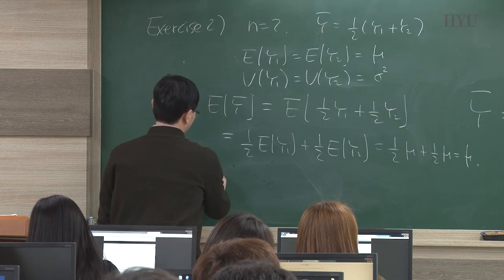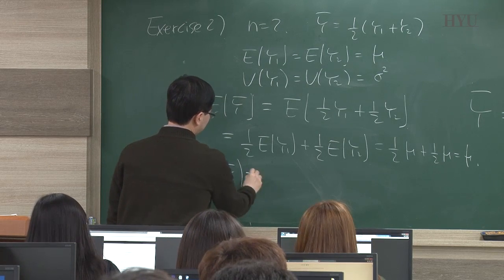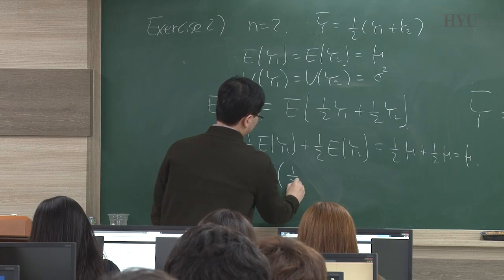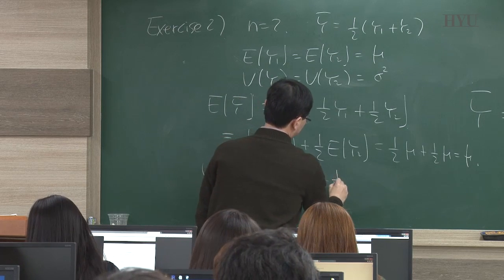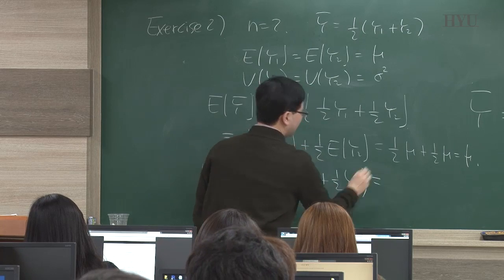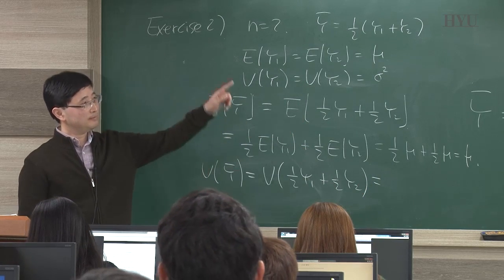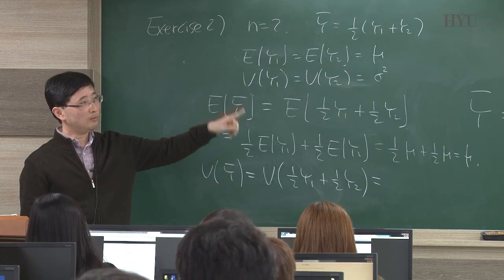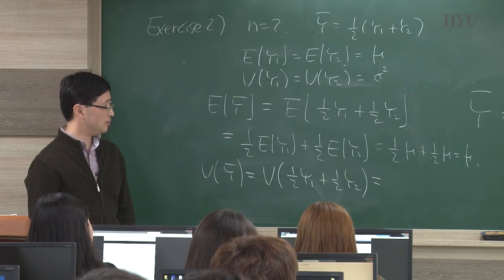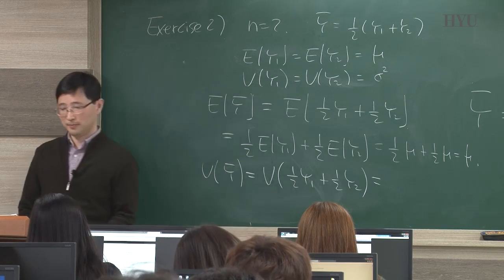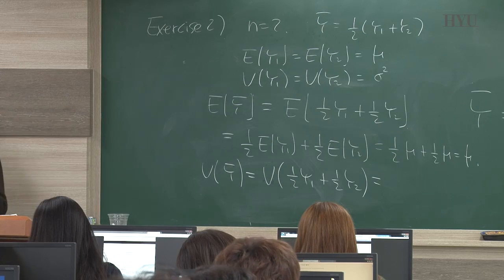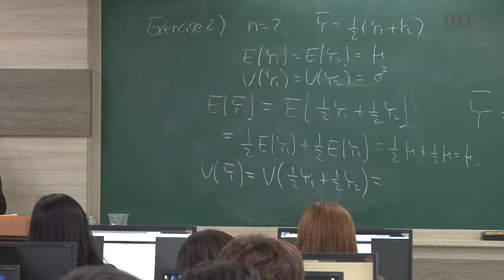Now let's think about the variance. Now can you calculate this? You can use one of the laws there, the law of the variance, and try this. Remember that those y's are IID.